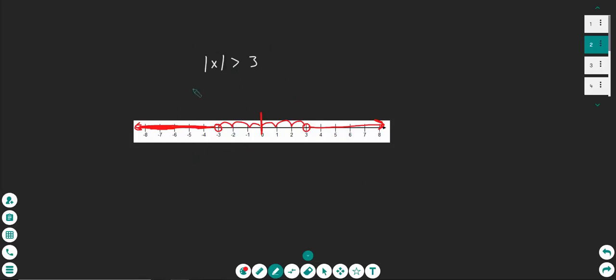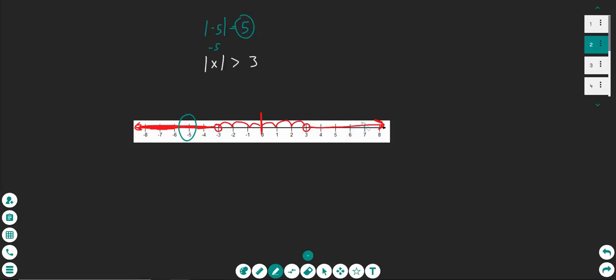And if you're unsure, just take a couple of points and plug them in. So if I just pull out this -5, for example, and substitute that in for the x, is the absolute value of -5 greater than 3? Well, sure, because the absolute value of -5 is equal to 5. It's 5 units away from 0, which is greater than 3.